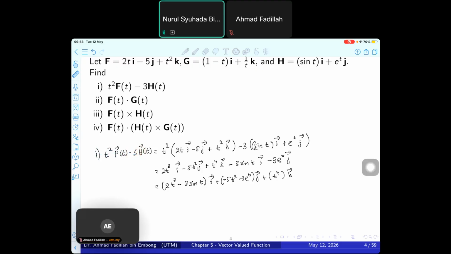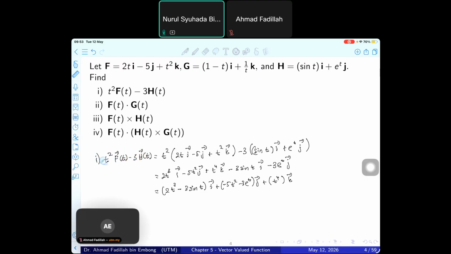In order to compute this, I'm going to write t squared and copy everything from the vector F and put it inside here.